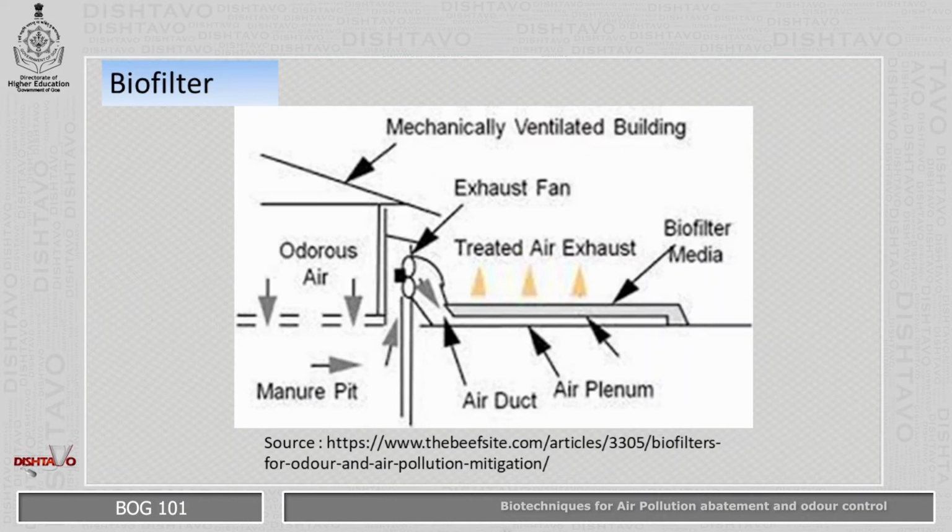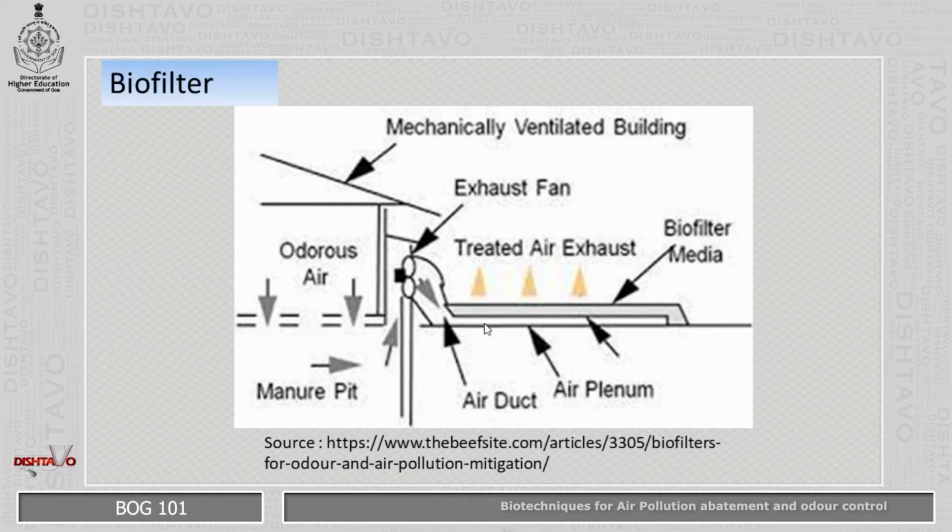This is the diagrammatic representation of the biofilter. Here we can see the flat bed, the biofilter media which supports the flat bed, and the biologically active biofilm. The toxic air comes from this nozzle inside the media, and the air is absorbed by various microorganisms present in the media, which is facilitated by the air duct and air plenum.